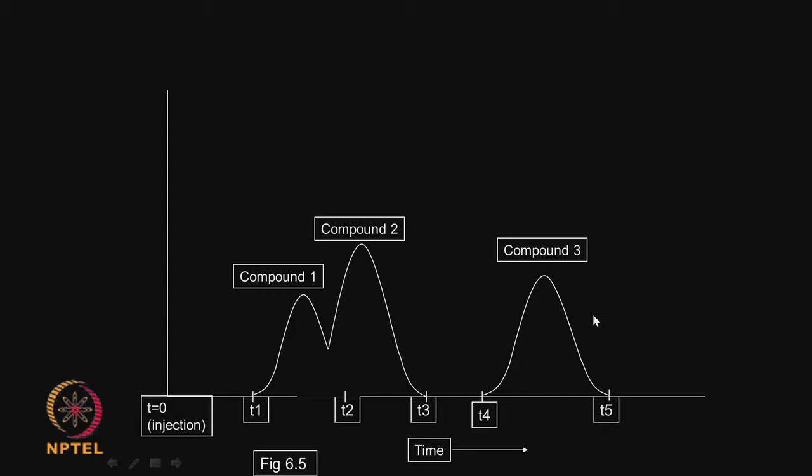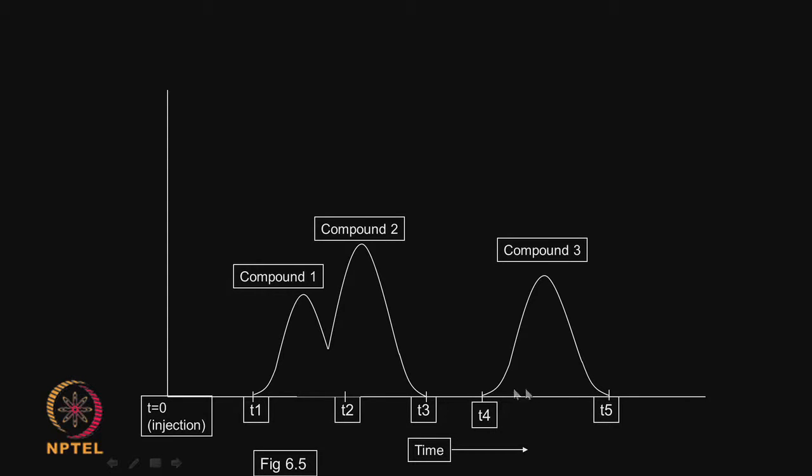If you have many components, then the output may look like this. We can say that component 3 is separating out very well because the baseline is very clear, whereas in this particular case component 1 and component 2 are not separating very clearly, you can see an overlap here. So, if I am collecting component 2 at this time, you could get component 1 also, maybe after this you may get only component 2, but here you may get components 1 and 2.